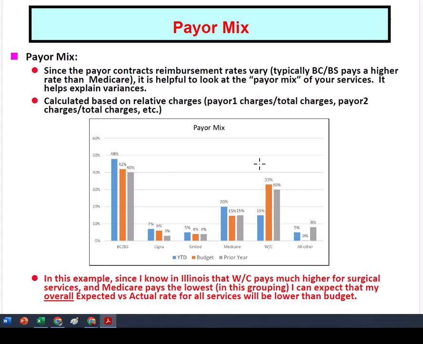So in this example, again, in Illinois, surgical services work comp pays higher. California, I think they pay about Medicare, but we're in Illinois. So let's say everything was the same. Maybe it's based on last year or budget, doesn't matter. Let's just say against last year.